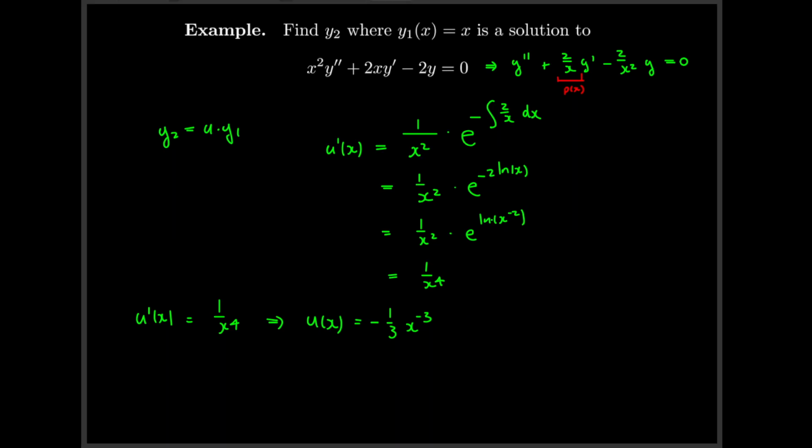And then finally, this allows us to say what is y2. y2 here is just equal to u times y1, so that y2 is just equal to negative 1 over 3 x to the negative 3 times here x, because that's what y1 is. And so this is just equal to negative 1 over 3 x to the negative 2, sorry.